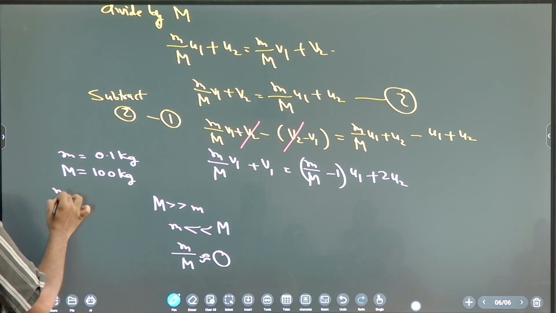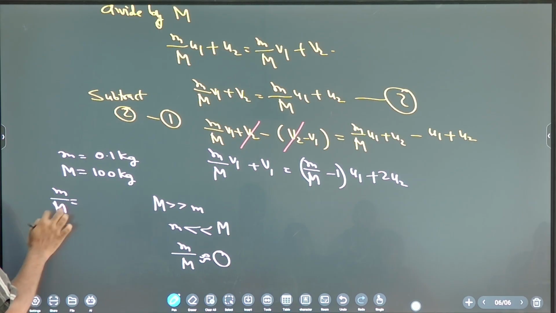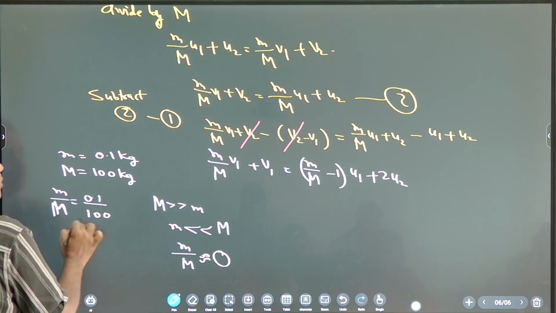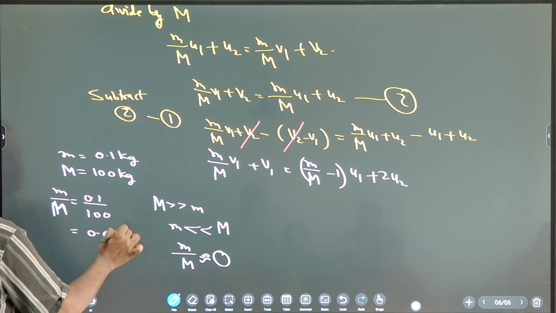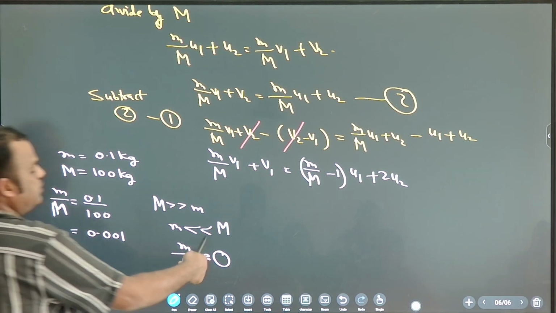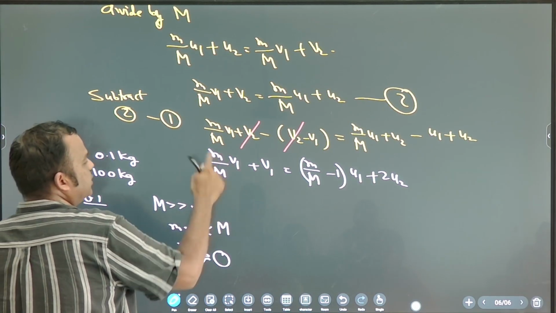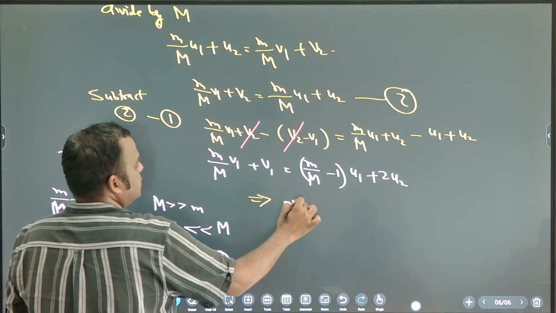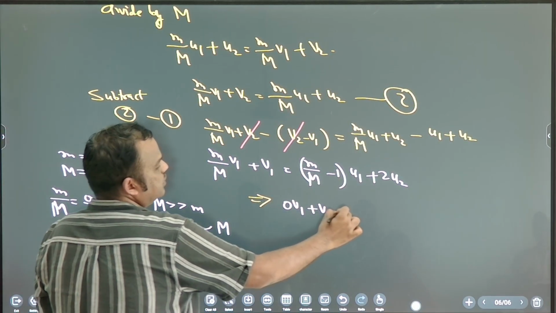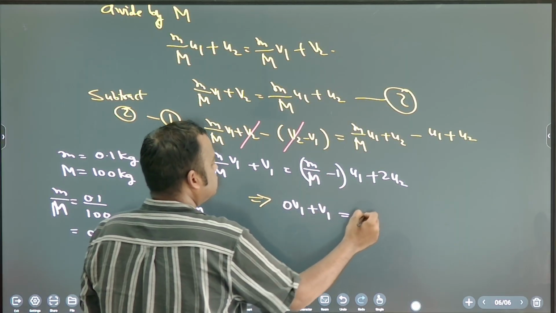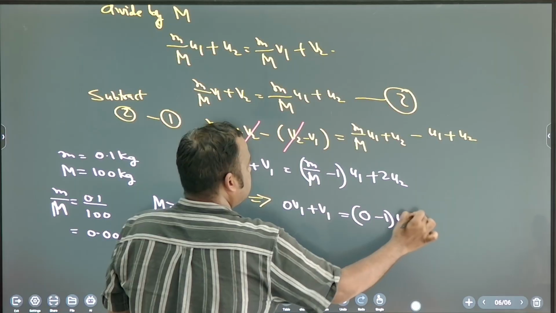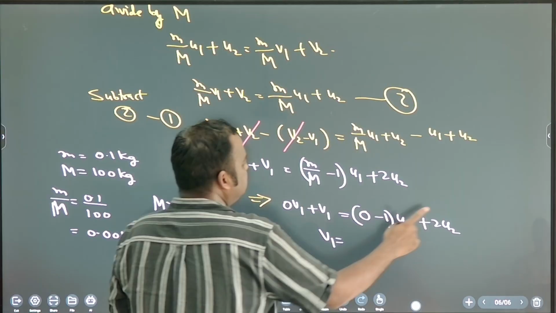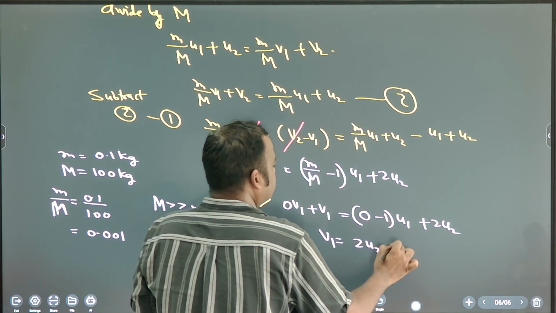So what is small m by capital M? 0.1 by 100 is 0.001, so it is nearly 0. So put 0 here: 0 times v1 plus v1 is equal to 0 minus 1 times u1 plus 2 u2. So what is the value of v1? 2 u2 minus u1.